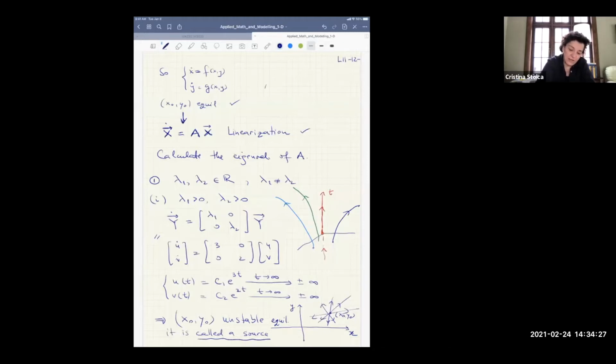So A is formed by the partial derivatives of these vector field functions. So dg/dx, dg/dy, but you have to input the point. All these are calculated at the equilibrium.